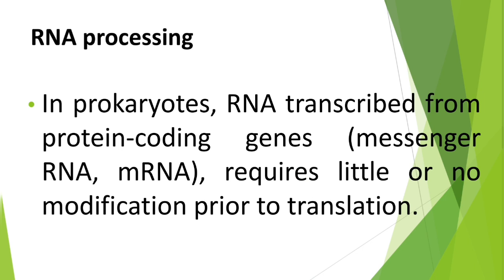Actually, in prokaryotes, the RNA transcribed from a protein coding gene requires no modification prior to translation, because eukaryotes have exons and introns, and introns have to be removed before translation, but prokaryotes lack those introns, so they produce mature mRNA which is ready for translation after transcription. But in case of eukaryotes, they require a little bit of modification before translation.